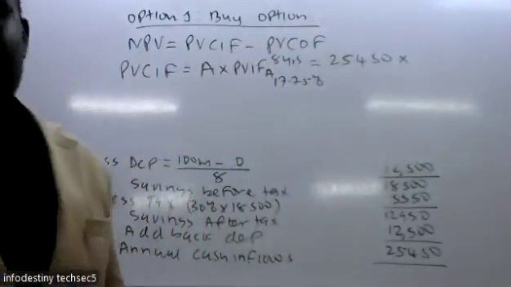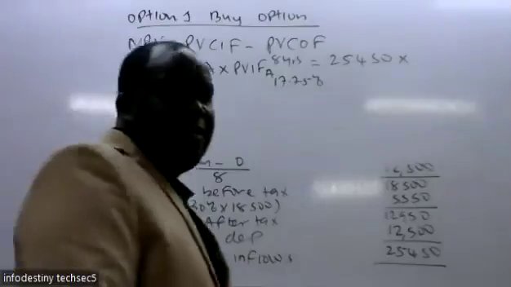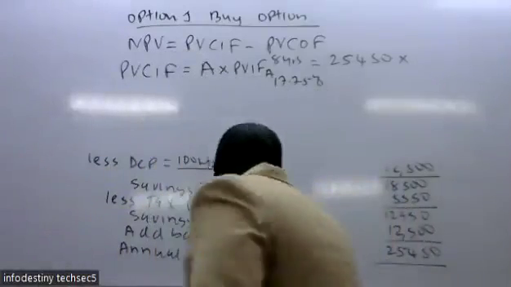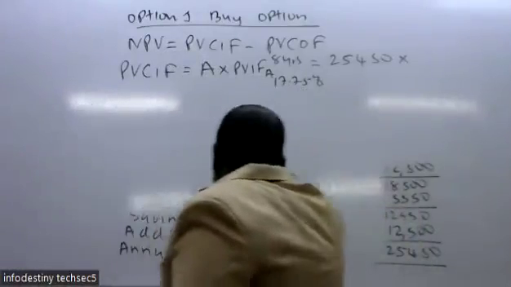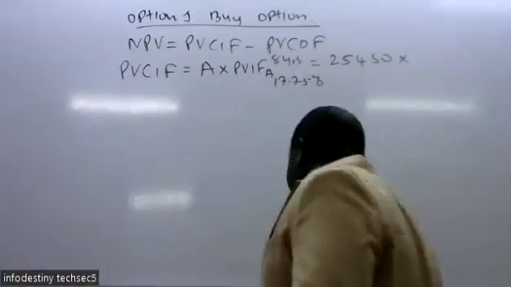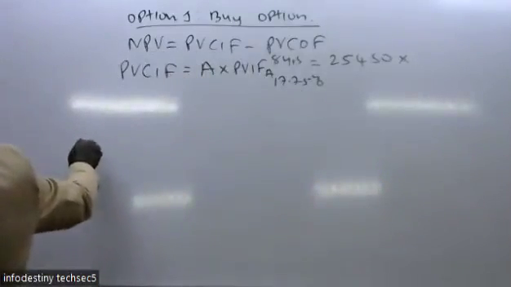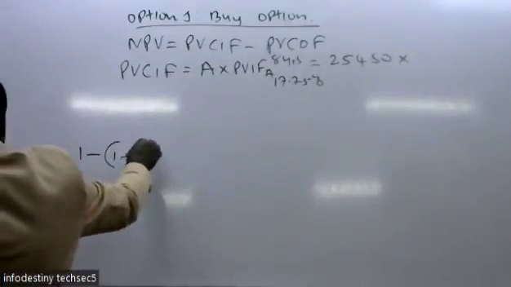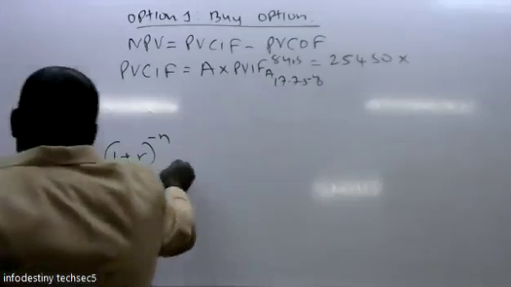I have been showing you how to calculate the value, just in case it is not in the table. So if it is not in the table, remember that it is 1 minus 1 plus r raised to the power of negative n, divided by r.